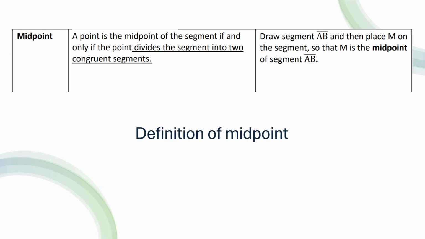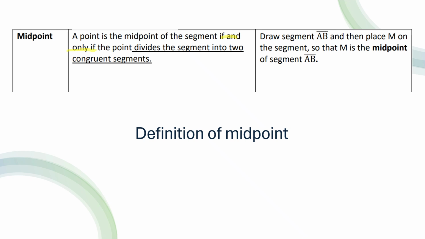There's a definition here. A midpoint is a point of the segment if and only if the point divides the segment into two congruent segments. I want to highlight some new language here. If and only if is language that means that this statement is true as an if-then statement, no matter which direction we read it.